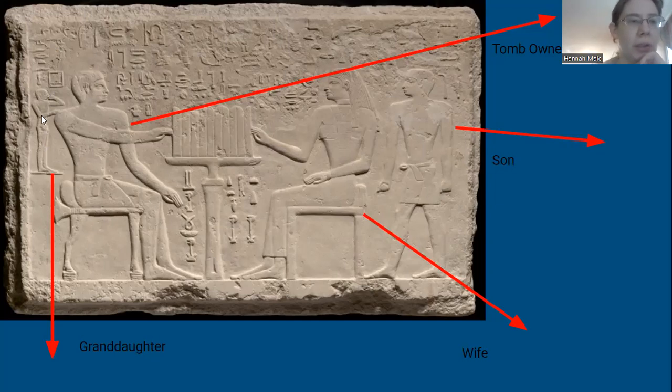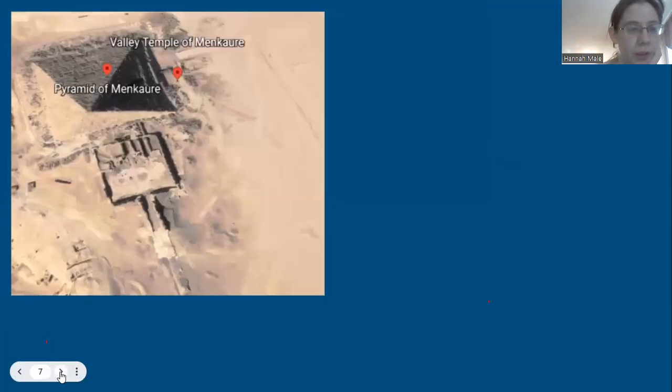You also know that she's the least important person in this because she's the smallest. You know that she is still a youth because she has the finger in her mouth, and in Egyptian iconography, that finger in the mouth was one of the common signs used to signify that this person is not yet an adult.